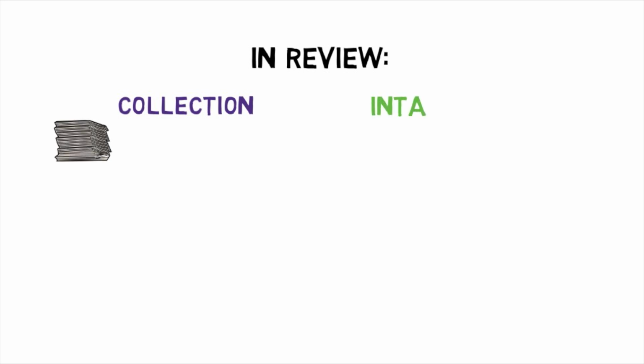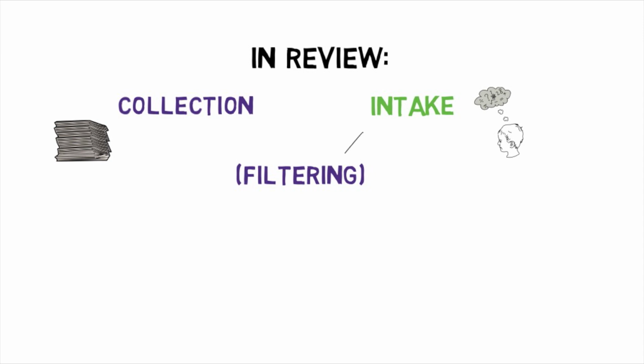So in review, we start off with collection, where above all else, we aim to be forensically sound and defensible, which benefits us moving forward. Then we have the intake stage, where we take the data we've collected and put them into groups. Next, we filter the info by eliminating the irrelevant information and concentrating on the user-generated documents.